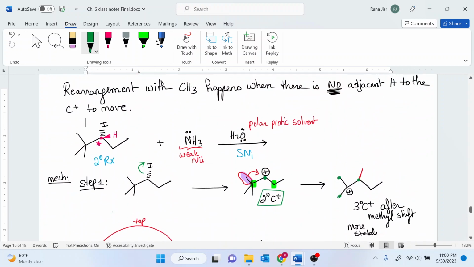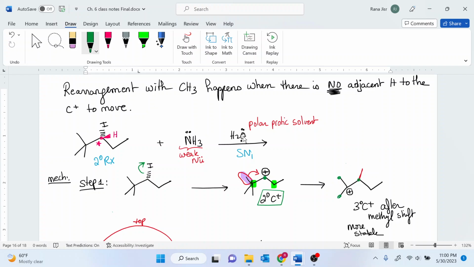Let's say, for example, if water is not there, then the NH3 is going to act as a solvent in the last step. So with SN1 reaction, the nucleophile always acts as a solvent in case the solvent is not present. And the role of the solvent in SN1 reaction is to ensure that the final product is neutral.